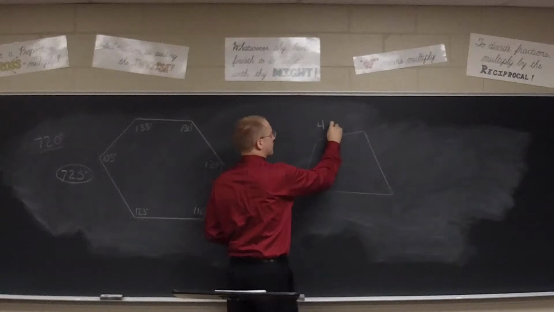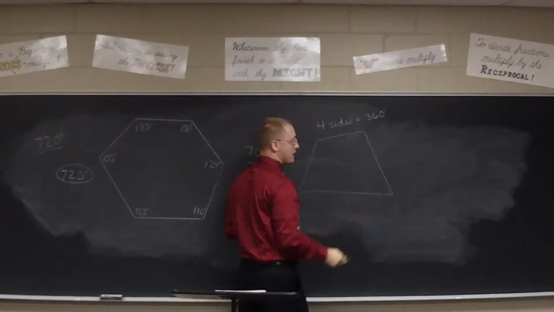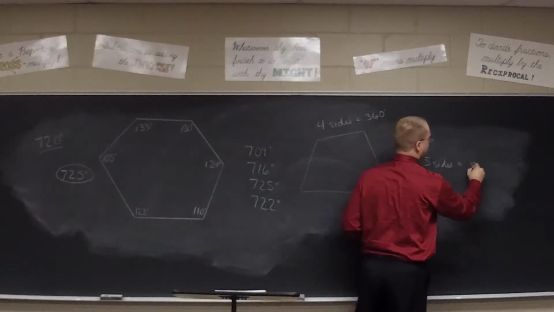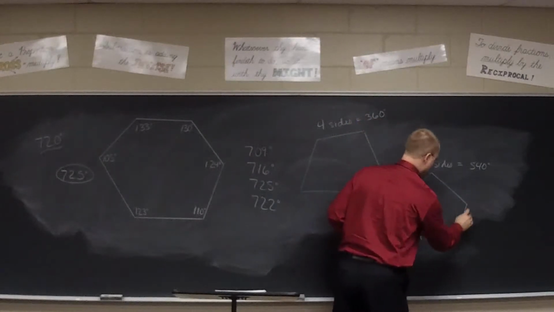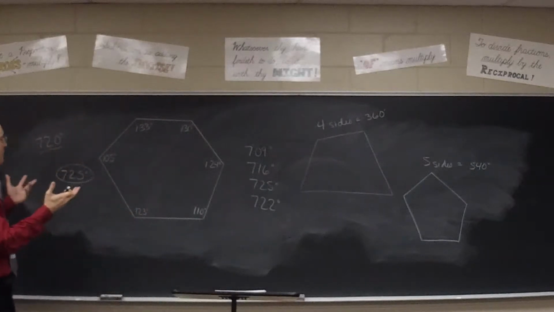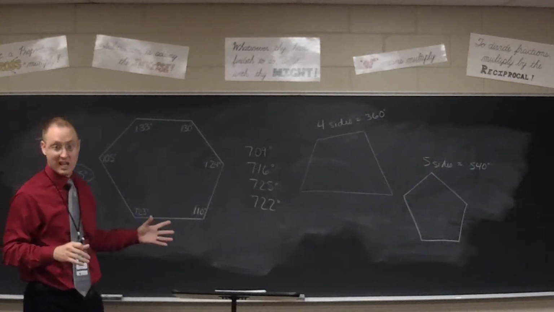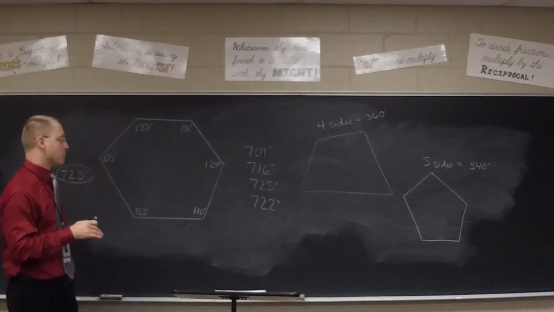I told you that 4 sides should be 360 degrees. I told you yesterday that 5 sides should be 540 degrees. Now, again, I don't expect you to simply take my word for it because our measurements are all over the place. I think, though, we've done enough measurements to realize there's going to be some human error in our measurement, right? It's easy to misread things.